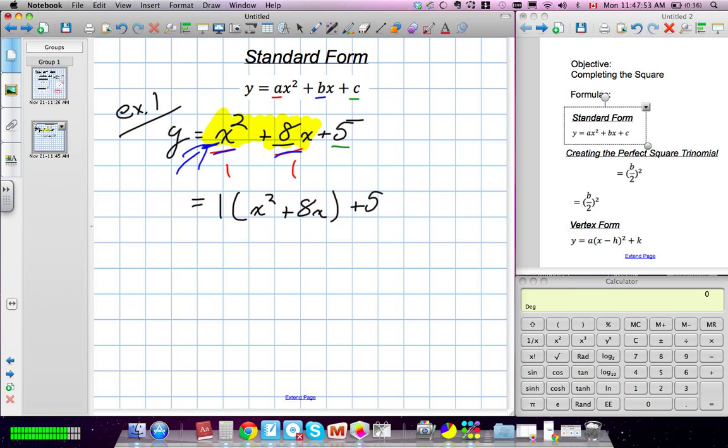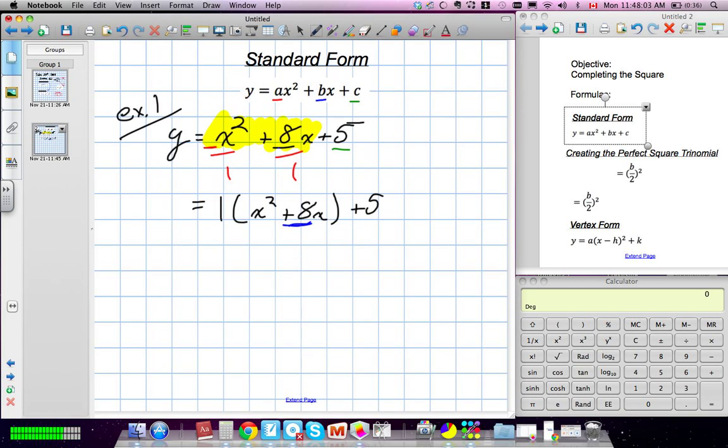Now that we've done that, we're going to be doing a little side calculation. I want you to consider this value, the 8, our new b value. Now, it hasn't changed once again from what our original b value is, but if a is a number other than 1, this new number in the brackets is going to be referring to this equation we're talking about here. That's where we're going to start using our side calculation.